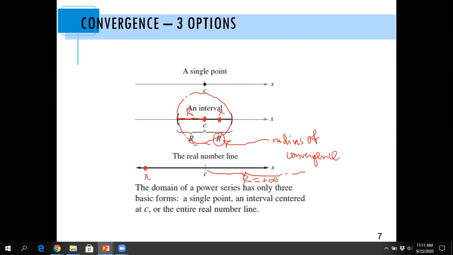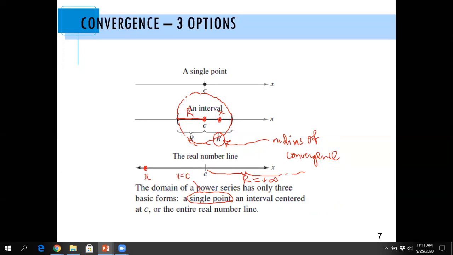So the three possibilities are that you either just have a single point of convergence, namely the center, or an interval centered at C. The single point situation is just x equal to C itself.